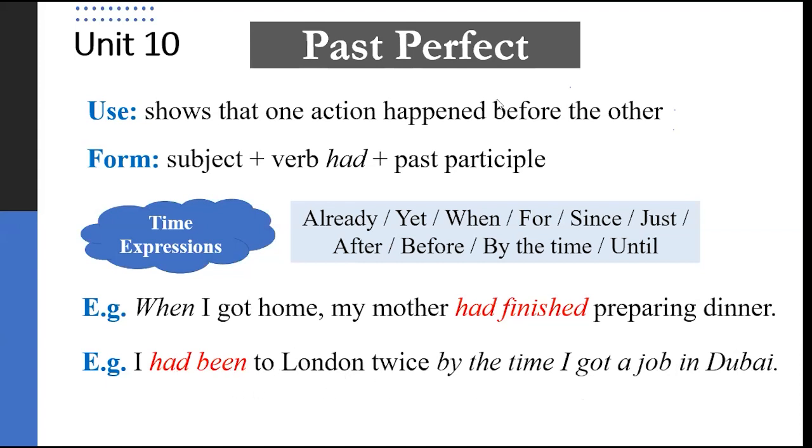يعني هو هذا الشخص كان مقدم على وظيفة بدبي بس الوظيفة طولت فهو قبل ما ينتظر الوظيفة راح ورد مرتين حق لندن. And هو this is obviously the first action لأن في had عندي. ال second action أو الحدث الثاني ما في had.